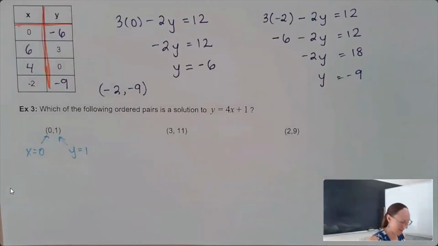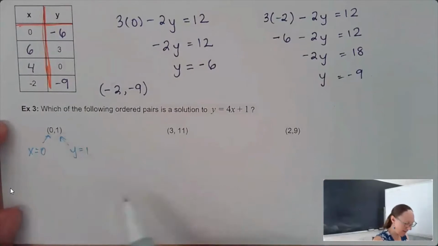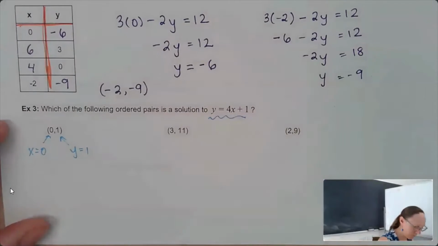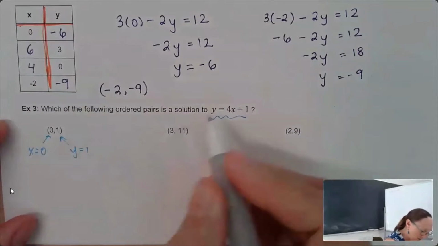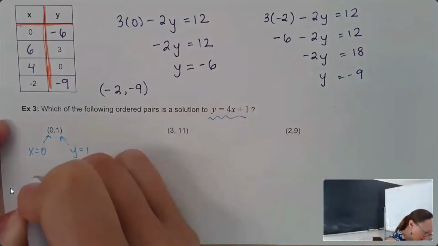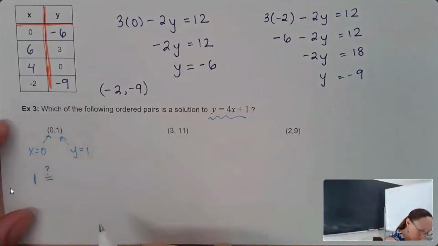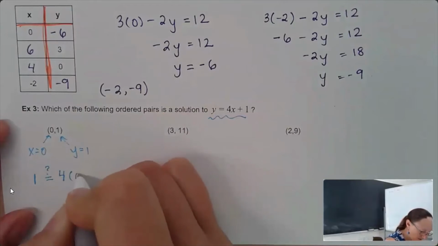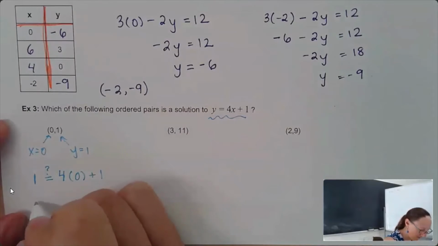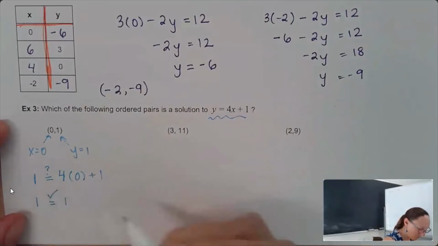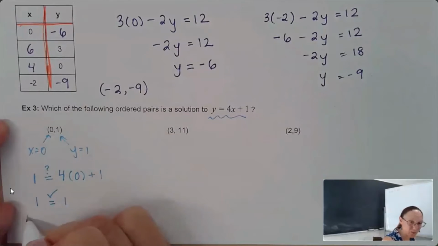So let's check. If I look at the point 0, negative 1, and I take my equation, I'm going to plug the y value into the left-hand side there, and we want to know, is that equal to what we get when we do 4 times 0 plus 1? Both sides are equal, so we say that it is a solution.